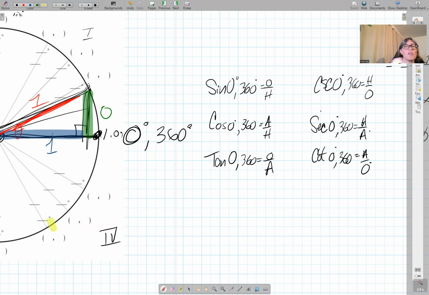Our opposite is 0. Our hypo is 1, so 0 over 1 is 0. Our adjacent, that's going to be 1 over 1, 1. Opposite is 0 in this case, over adjacent is 1. That's also 0.